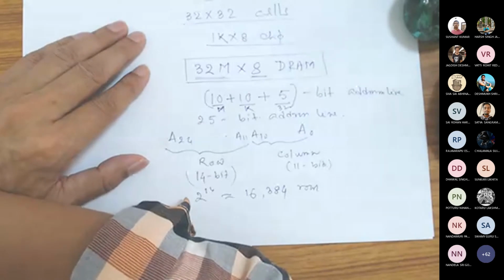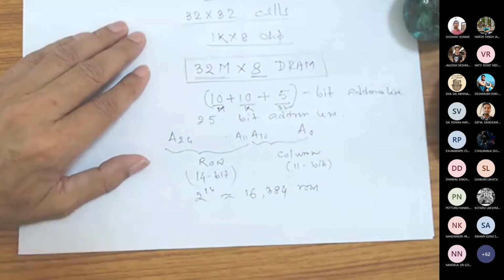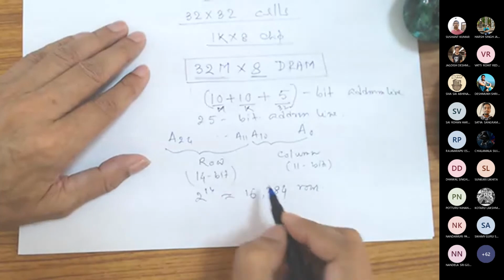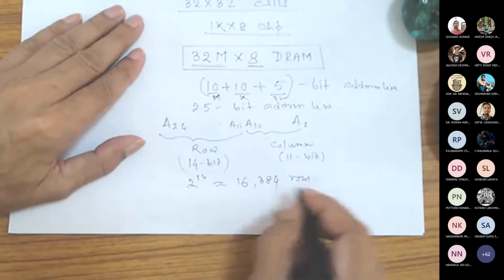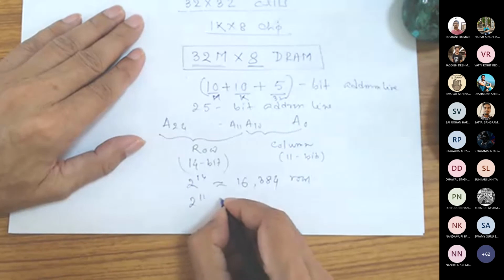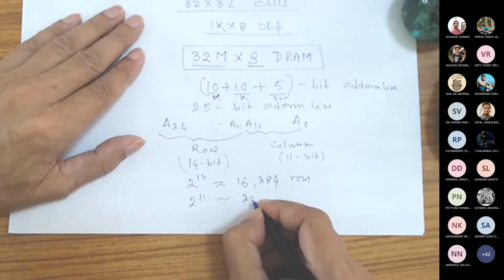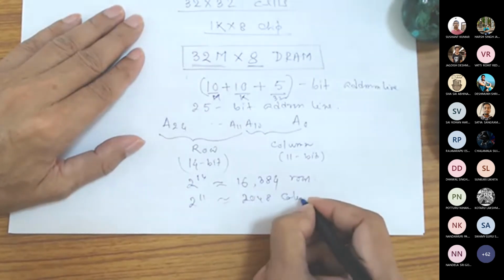A 256 megabit DRAM chip is configured as 32M into 8. So this is 2 to the power 14 rows, 2 to the power 11 equals 2048 columns.